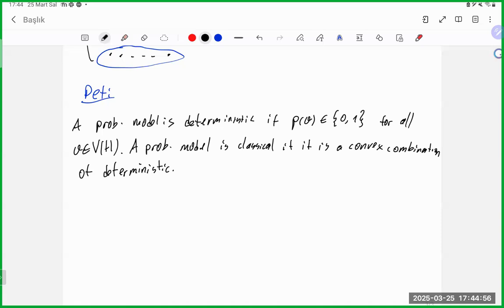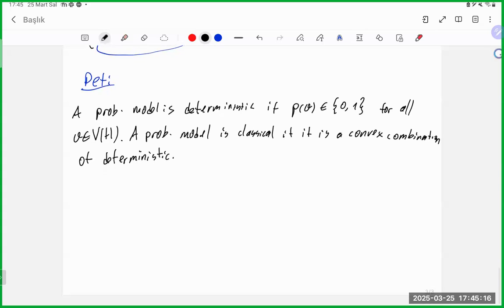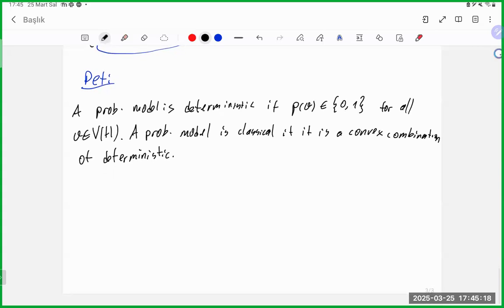Therefore, all deterministic models can be true with some probability is a classical way of thinking about those probability distributions. So I interpret deterministic and classicality like that, but if you have another comment about this, you can correct me.